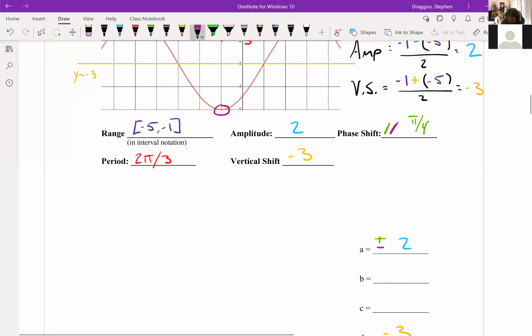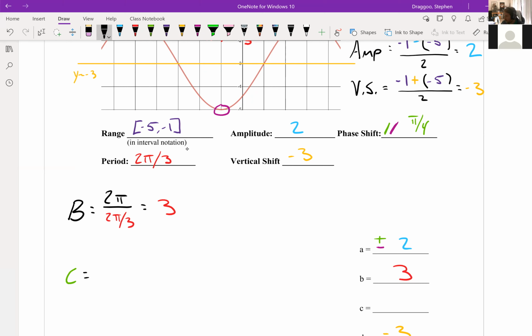But up next, we'll get B, which is 2 pi divided by the period, which in our case is 2 pi/3. So this thing should simplify to just 3. Up next, we'll want to get C. And C is always going to be B multiplied by the phase shift.